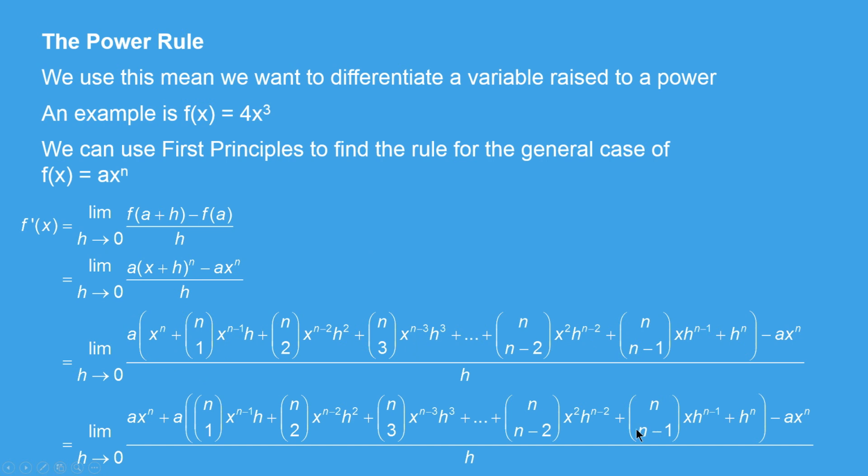Okay, what I've done here, if you like, I've expanded through by a, but then I've said, okay, ignoring that first one, I've taken a outside again. So I've got my ax to the n plus a times all of that stuff that's left. And surprisingly, we've got ax to the n minus ax to the n.